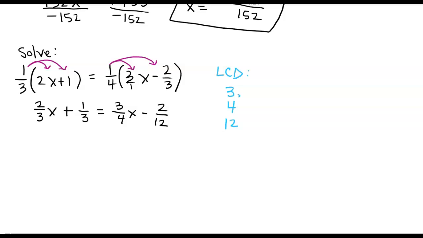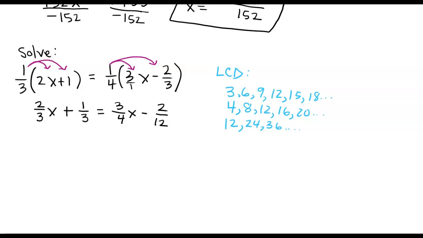If I counted by 3s, list the multiples of 3, I get 3, 6, 9, 12, 15, 18, and so on. If I list the multiples of 4: 8, 12, 16, 20, and so on. And then the multiples of 12: 24, 36, and so on.